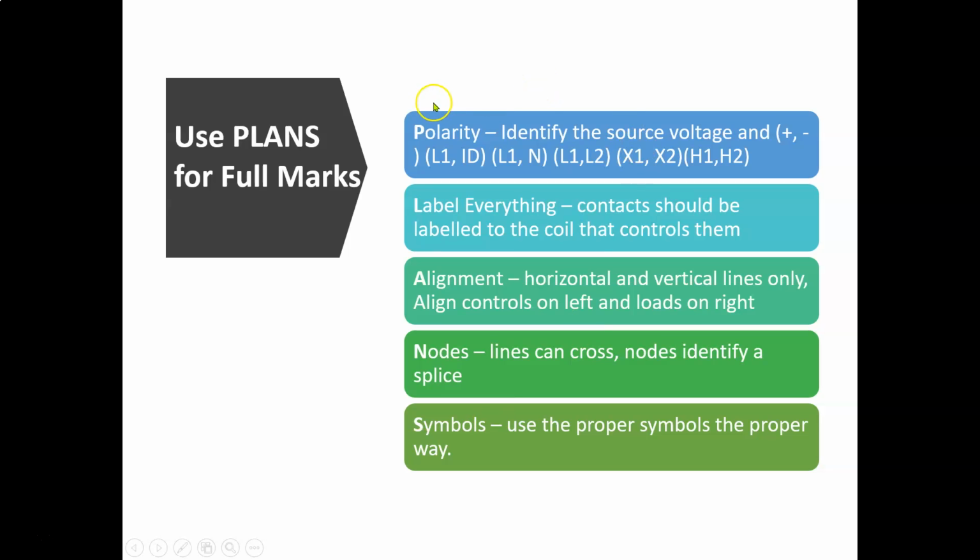So you have to go through this every time you do a schematic. Now, not necessarily a practice drawing when you're trying to figure out a schematic. We're talking about when you have a schematic figured out and you're trying to do a good copy of it, you're going to use PLANS and go through the polarity, the labels, alignment, nodes, and symbols. And if you do all of that, then your schematic diagram should be worth full marks. Okay.